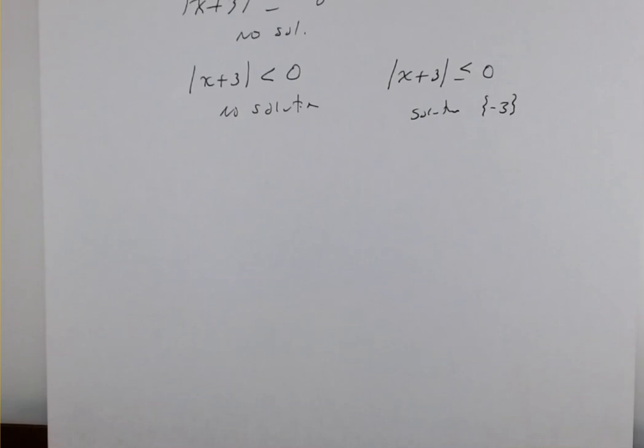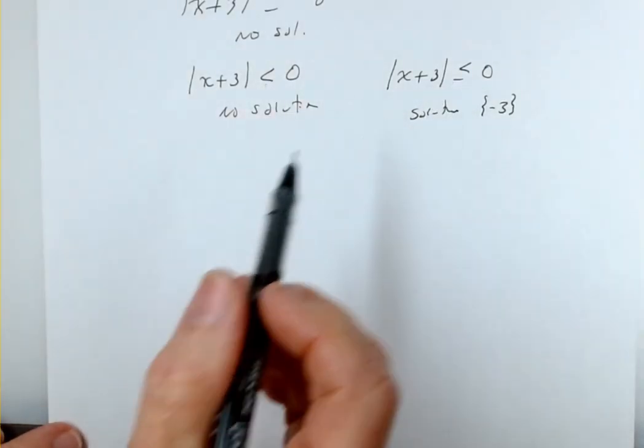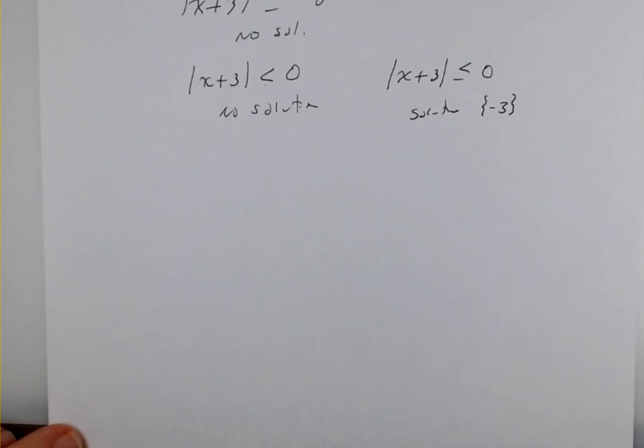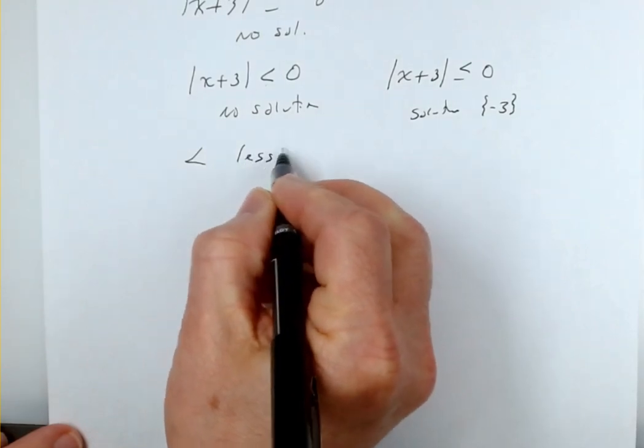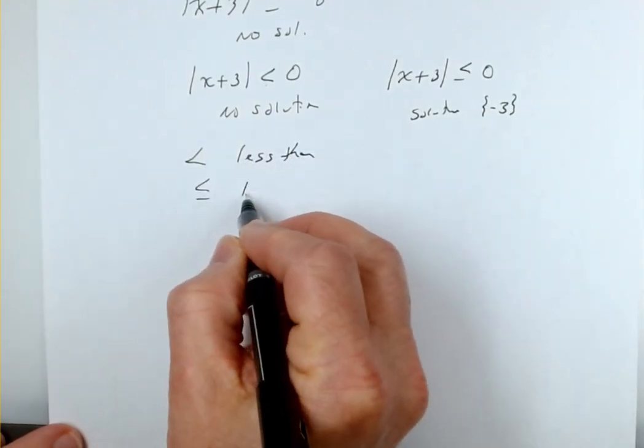What's literally the difference, because it's equal to something? So this sign right here is greater than or equal to? That's less than or equal to.